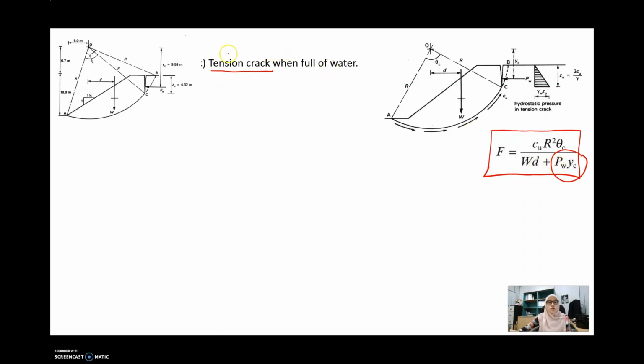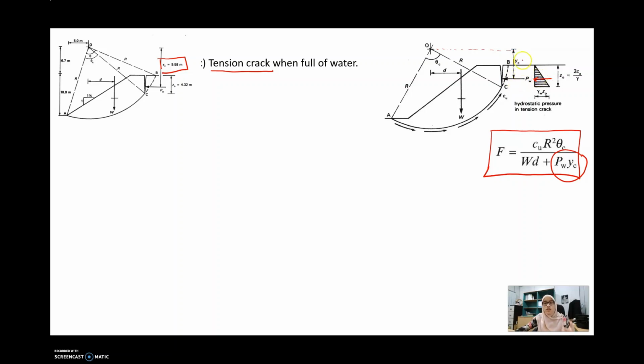Okay, so in this figure, it mentions that the value of YC is given. YC is equal to 9.58, which is the YC from the centroid until the part of water pressure.